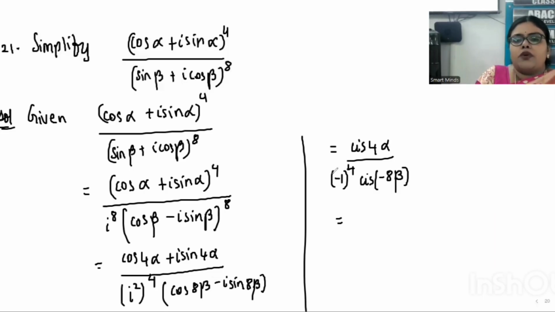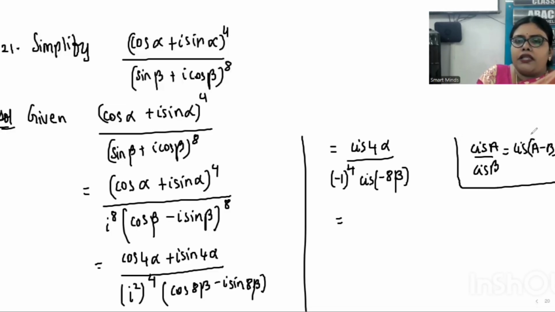Now here minus 1 power 4 will become plus 1. So cis, now we have a property in cis. cis A by cis B is cis (A minus B). We are using this property here. So this is cis (4 alpha minus of minus, will become plus, 8 beta).